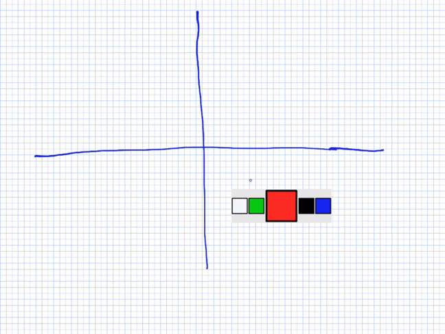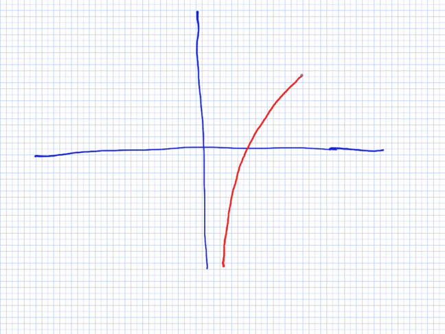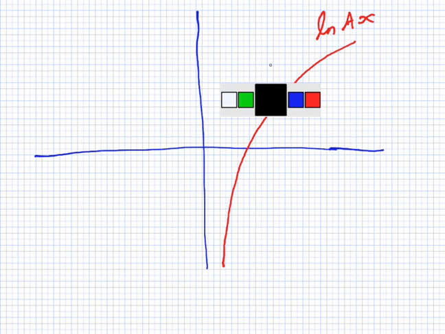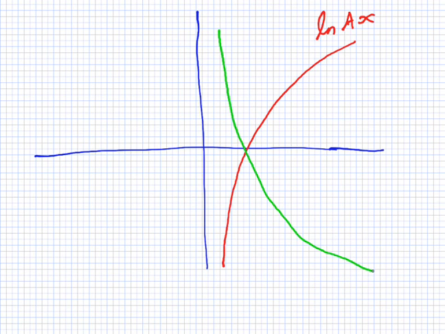This one here in red, this is like log AX. And then in green, this is minus log AX.